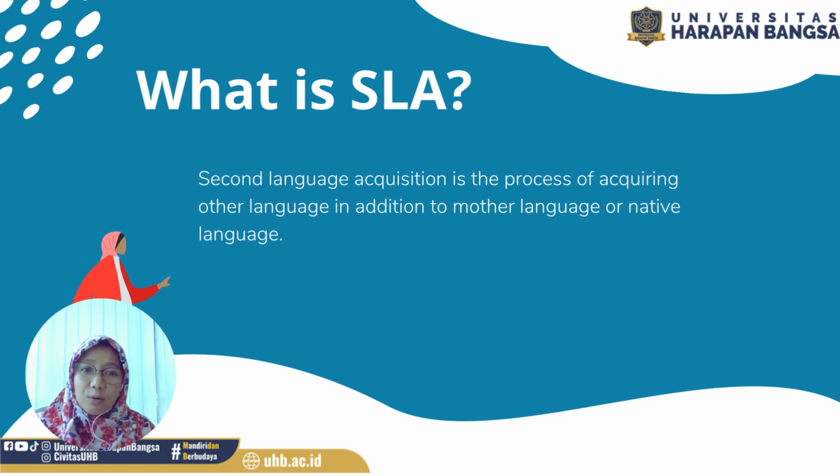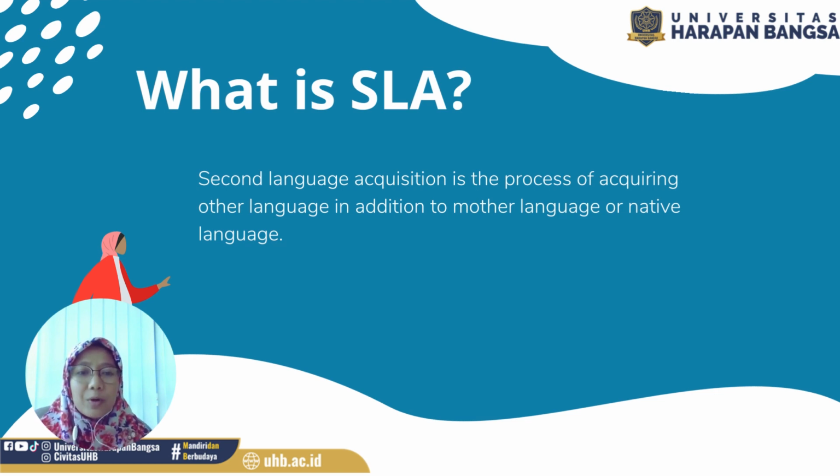SLA itself involves a very complex set of cognitive and linguistic processes, including the acquisition of new vocabulary and grammar, the development of communicative strategies, and the ability to understand and produce fluent speech. The process can vary greatly depending on individual factors such as age, motivation, and prior language learning experience.